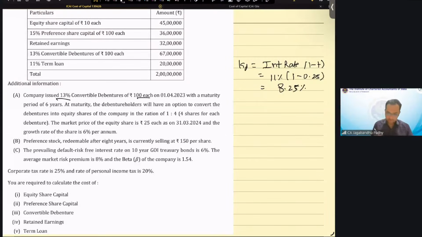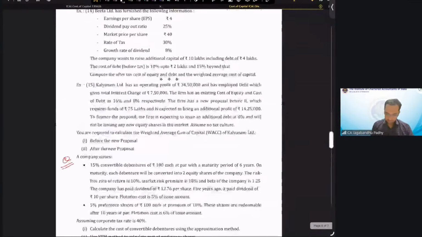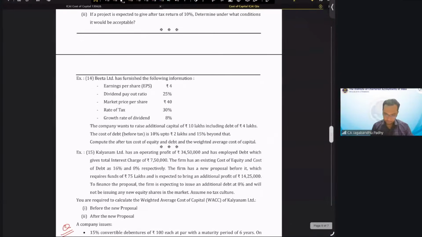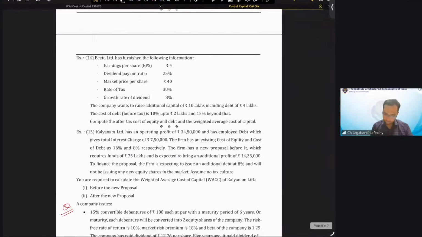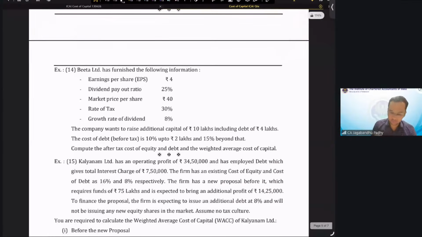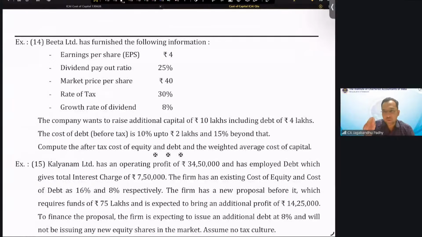So we are done with the calculation of all the costs. Okay, let's do this question now. 14th one. For term loan also we have to write KD only.